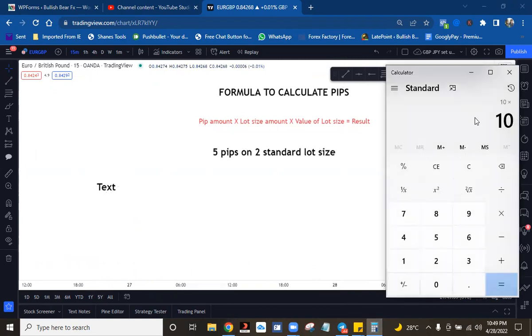So 5 pips times 2 standard lot size times the value of a standard lot size, which is 100,000. I hope I got it.